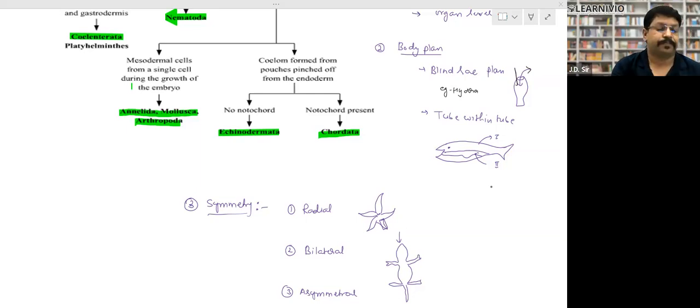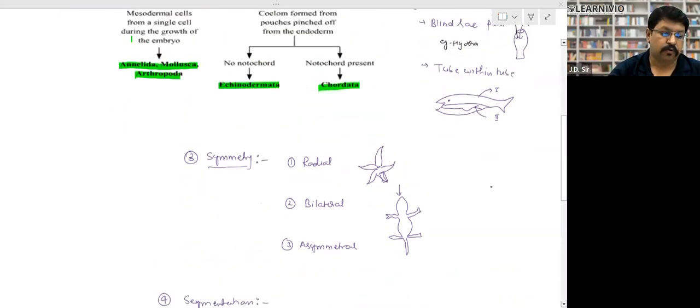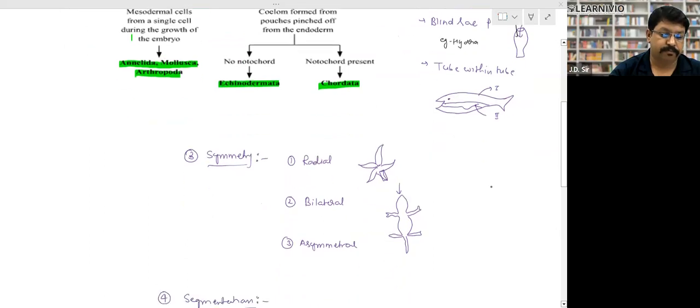There may be the following types of symmetry.